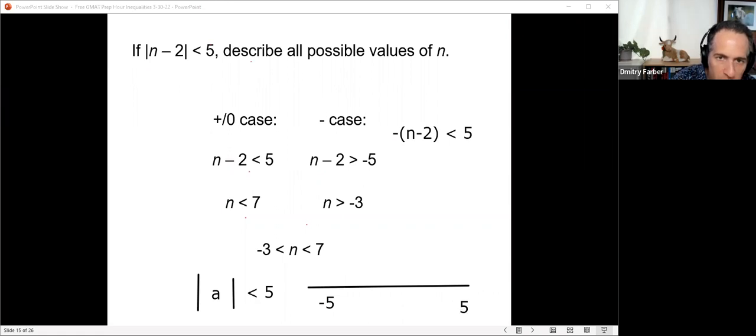Now, what am I doing with this -2 piece? Well, I'm offsetting it, right?